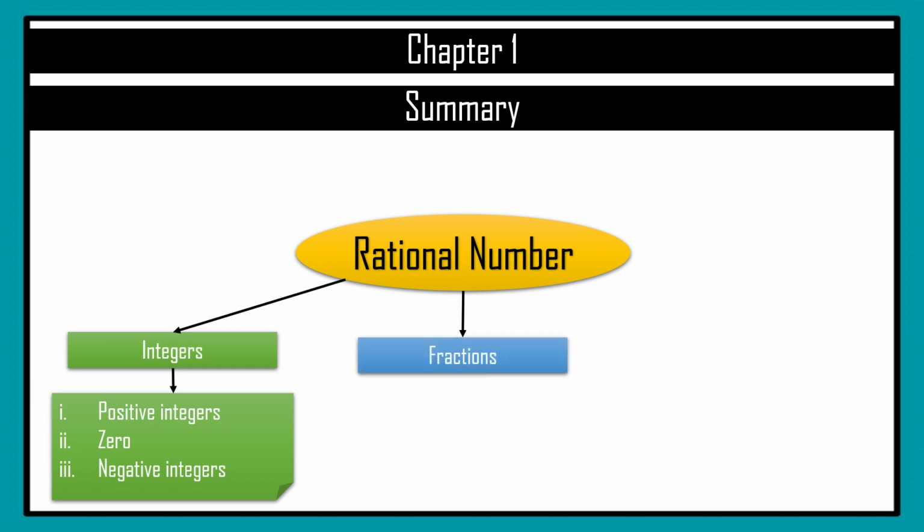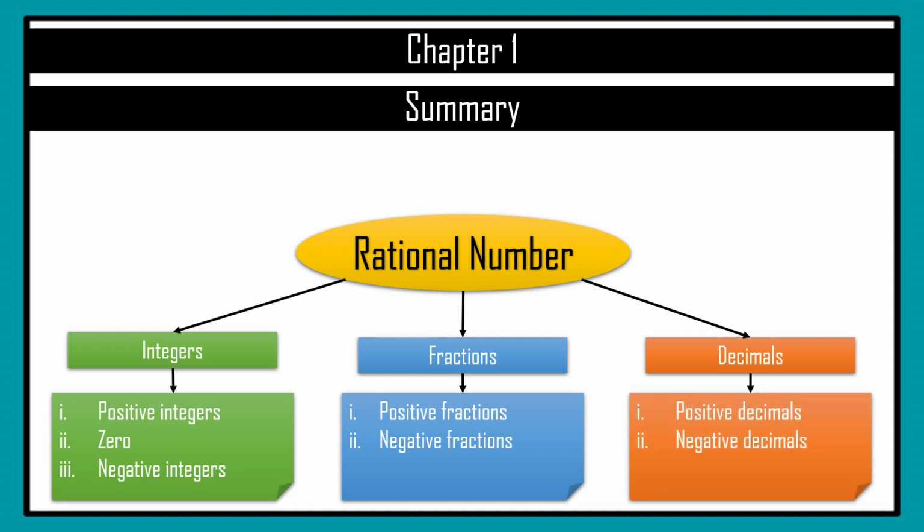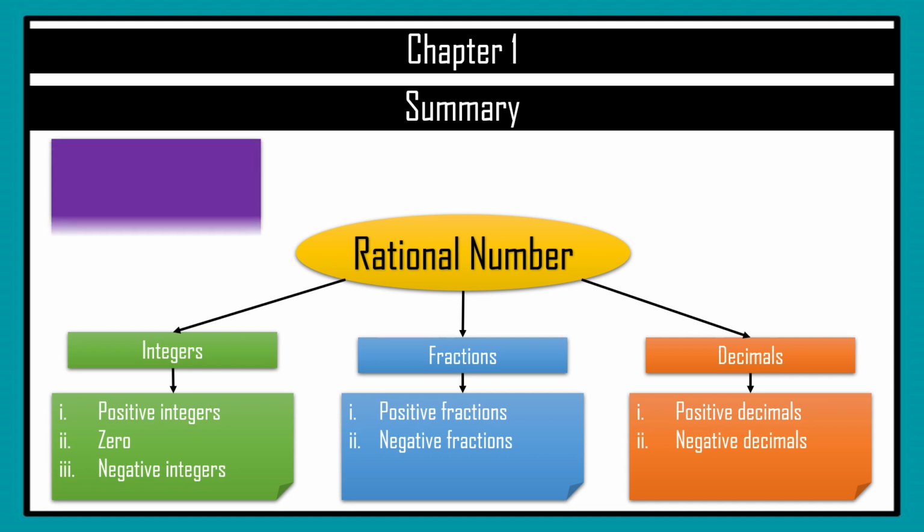And then you learn about fractions, positive fractions and negative fractions. In fractions, remember, the denominator cannot be 0. Next, you learn about decimals, positive decimals and negative decimals. All in all, these are known as rational numbers.